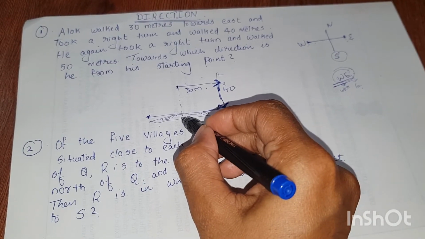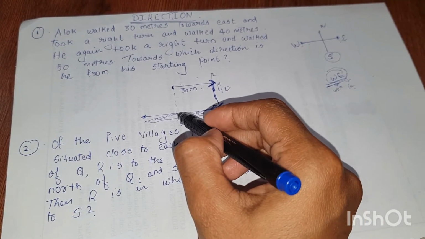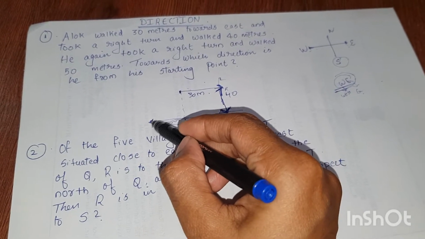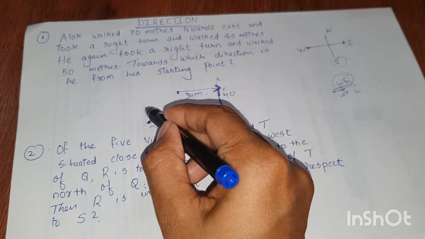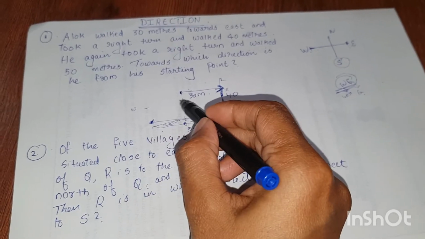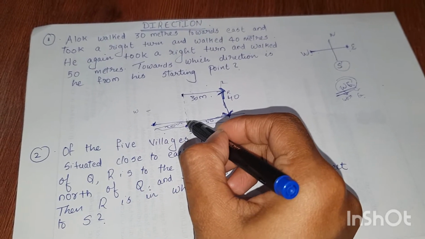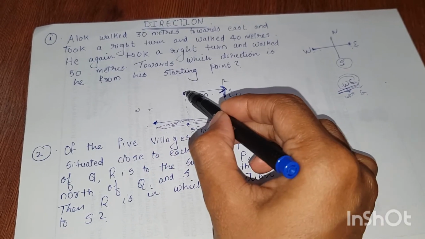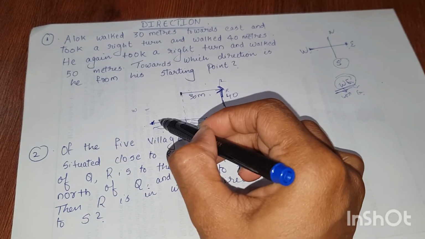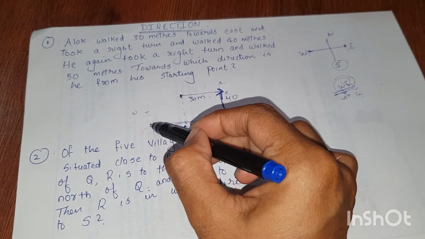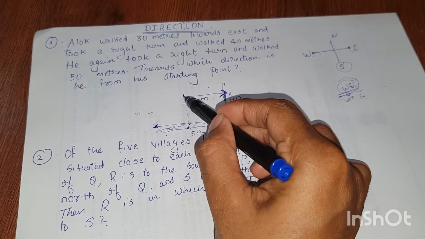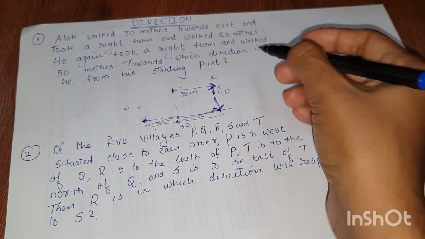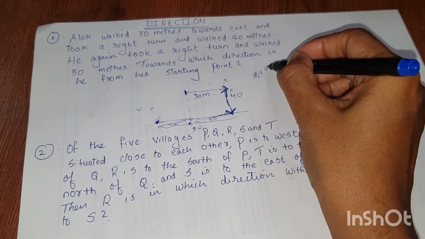If he was standing here, then we could say he is facing south, but he is standing here in the inclined position, and this is west. So he is not exactly west and not exactly south, but in the southwest direction. From this point when he is looking, he is in the southwest direction. So the answer is southwest.